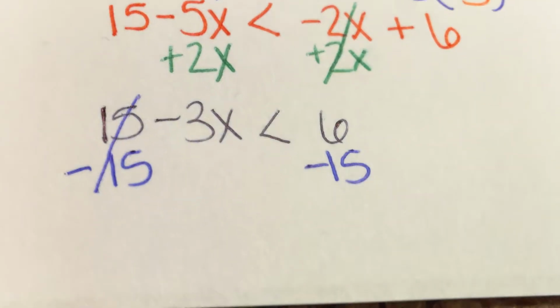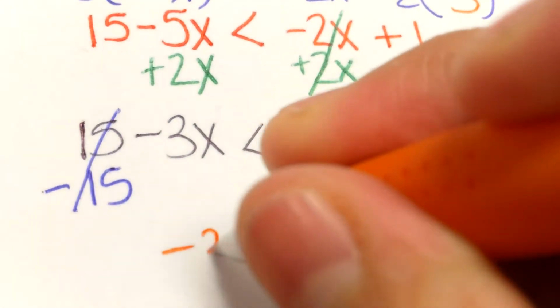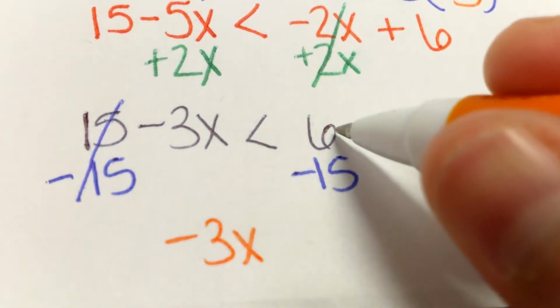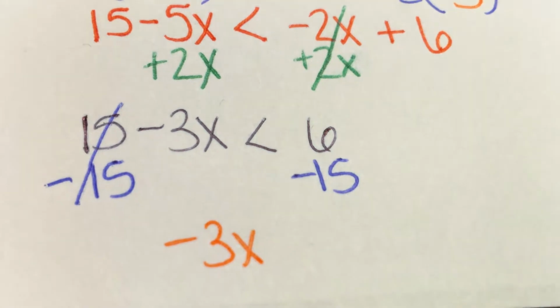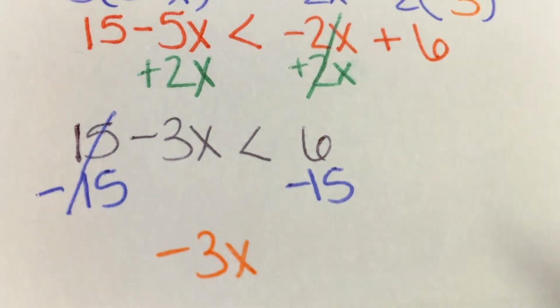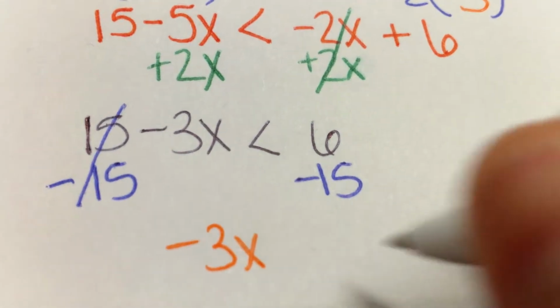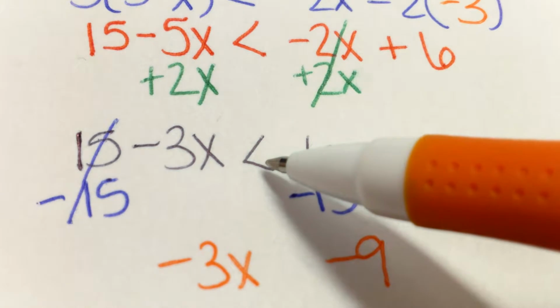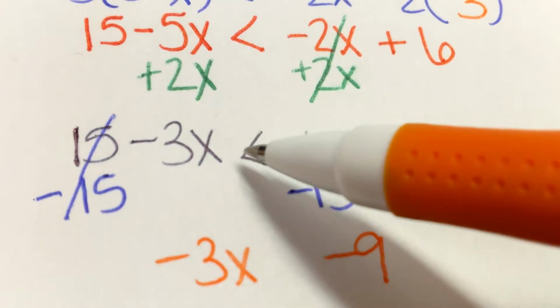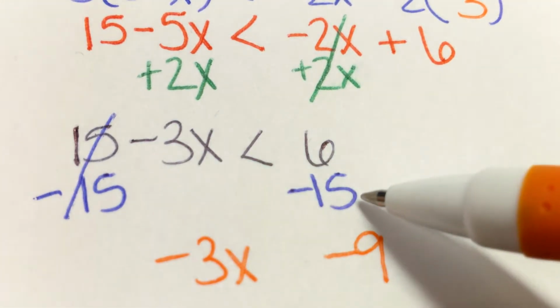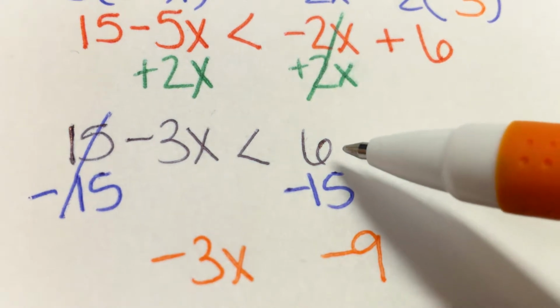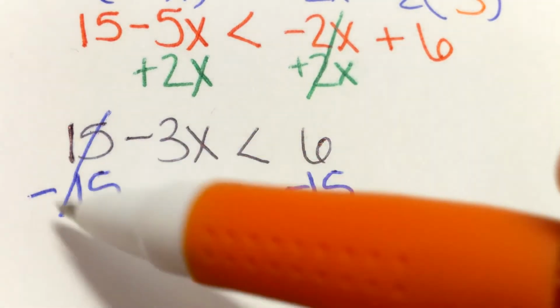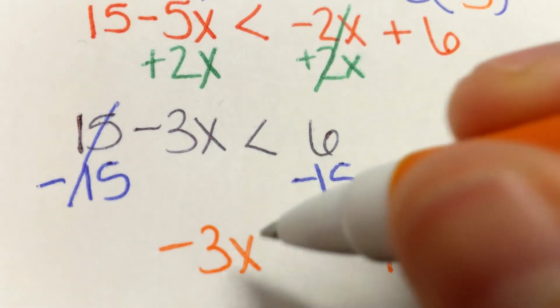So you're left with -3x. 6 minus 15 is -9. Now, I did not flip the symbol here because I just subtracted by a negative. I did not multiply or divide by a negative. I just subtracted. So the symbol stays the same.